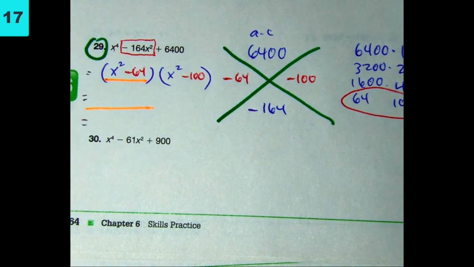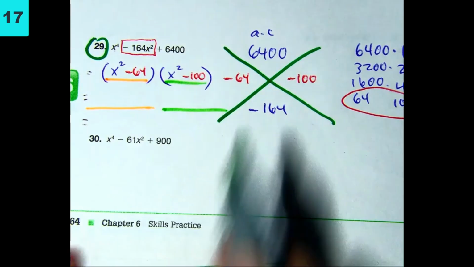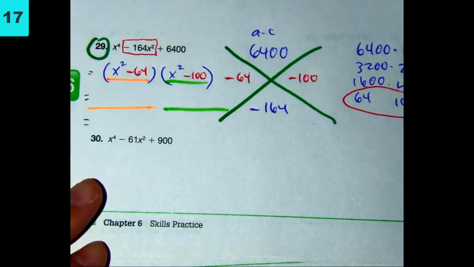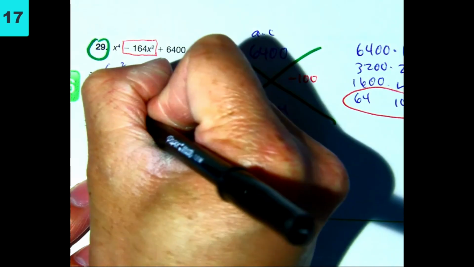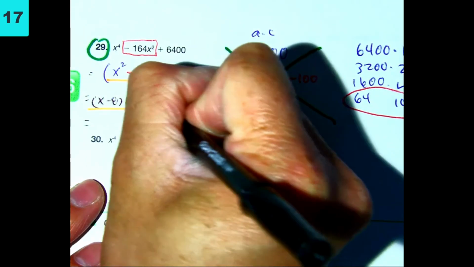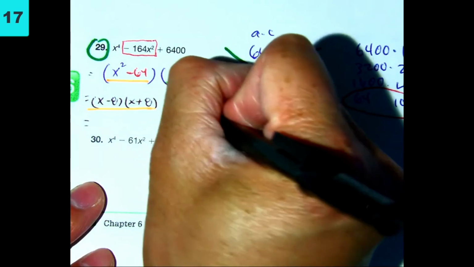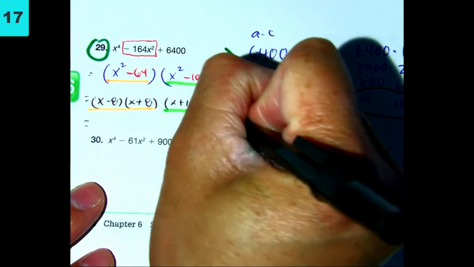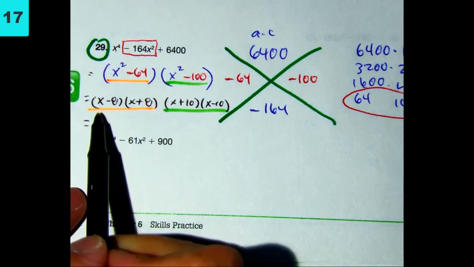Did anyone get those, or can shout out the answer? X squared minus 64. Correct. How about the green? Correct. So Wally recognized that there's a pattern, and it's a lot faster.